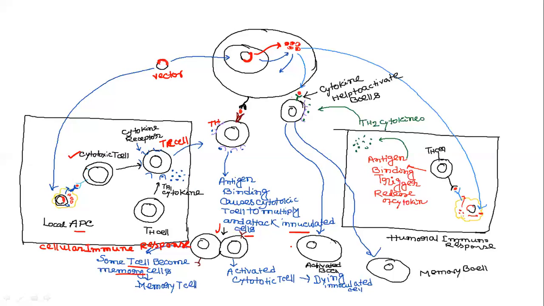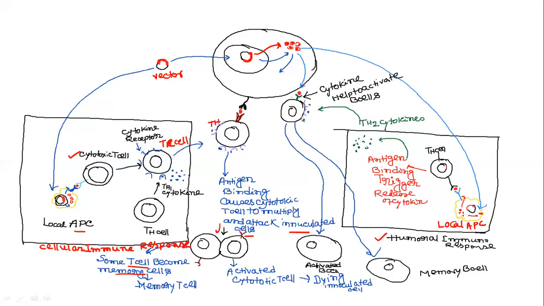Now here is the humoral immune response pathway. Here are the local antigen presenting cells, local APCs. The local antigen presenting cell will, in the same way, transcribe and translate to produce protein. This protein will be expressed and act as an antigen.